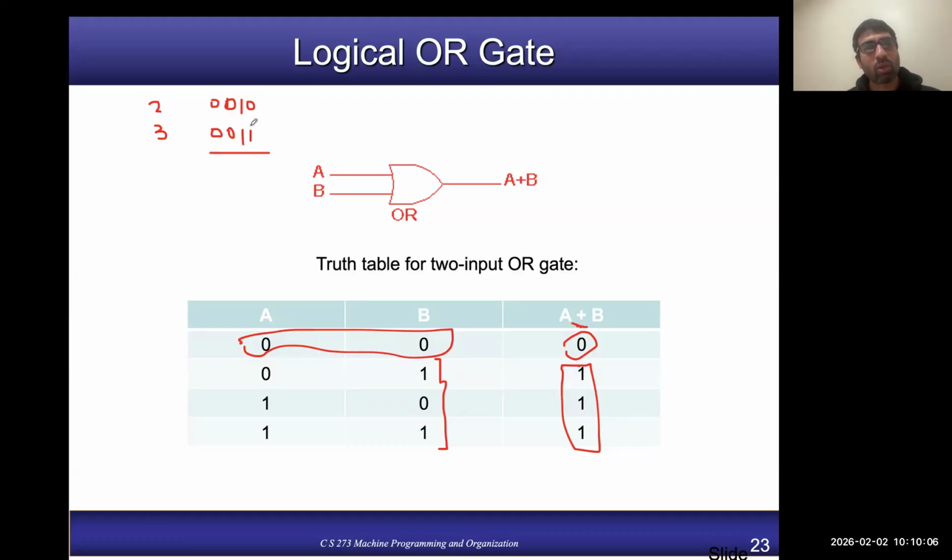So when I do the OR operation, as long as any input bit is 1, the output will be 1. 0, 0, 1, 1. Okay, which is the same as 3 in decimal. Okay, is it clear?